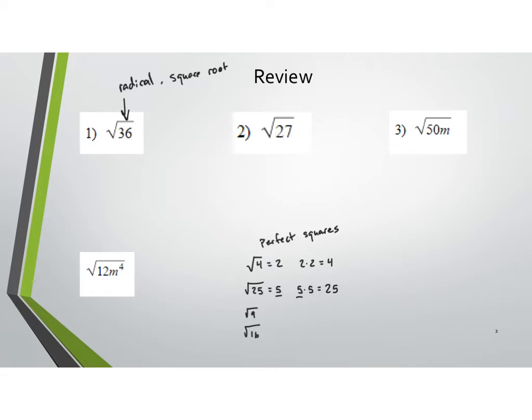Now let's go up to number 1. If you're looking at this and you know your perfect squares, you know that 36 actually is a perfect square. But I'm going to show you how to do it the long way so that you can see the pattern I'm going to use. The way you solve for square roots is you bring the inside number off to the side. Whatever's inside, you bring it off to the side like this, and we're going to create a factor tree.